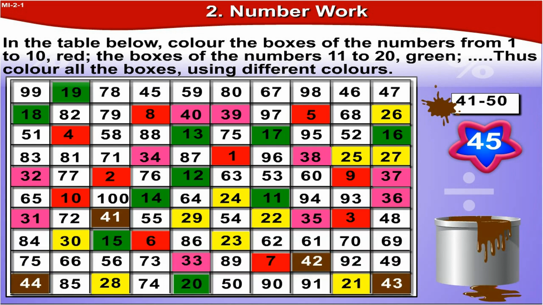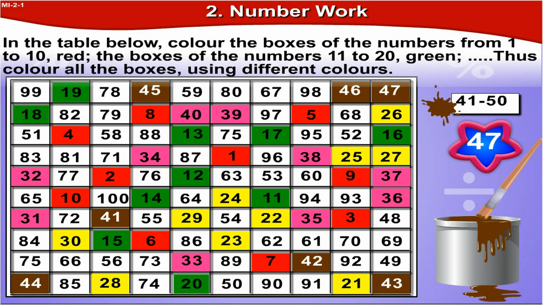Children, can you look for number 45? You are right. Now color the box brown. We need to find number 46 and color the box brown, which contains number 46. That's right, in this manner. Where is number 47? Can you look for it? Yeah, right.